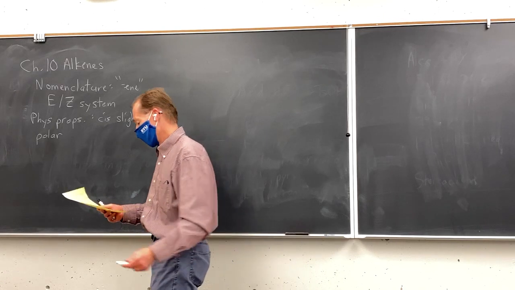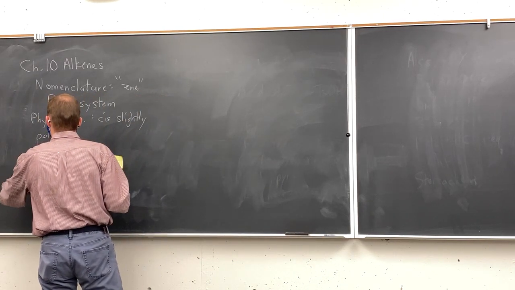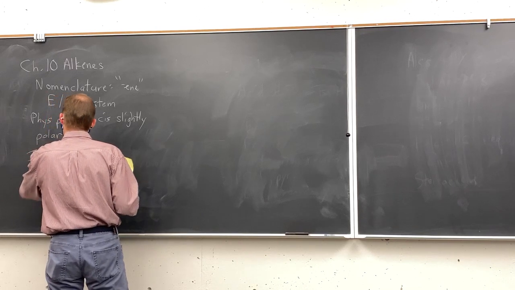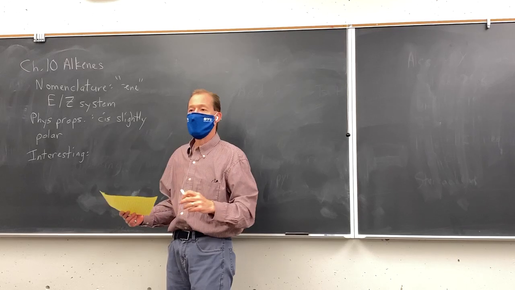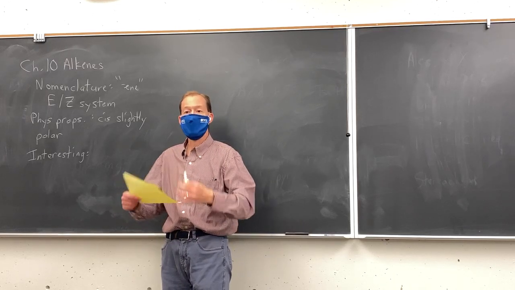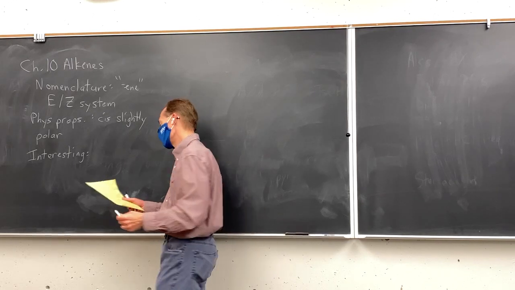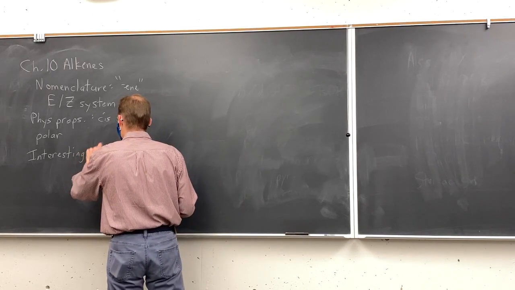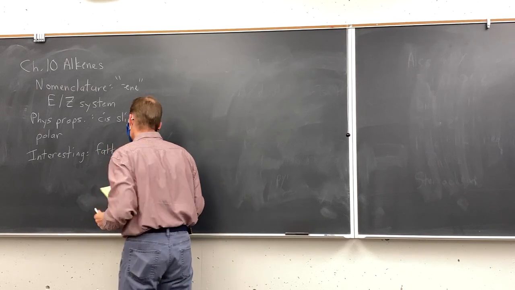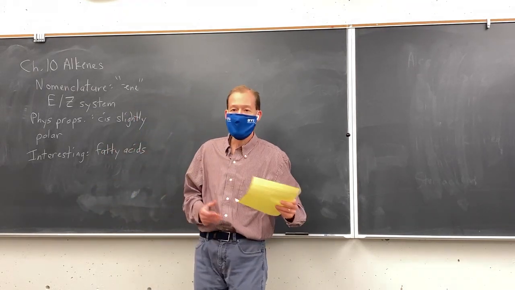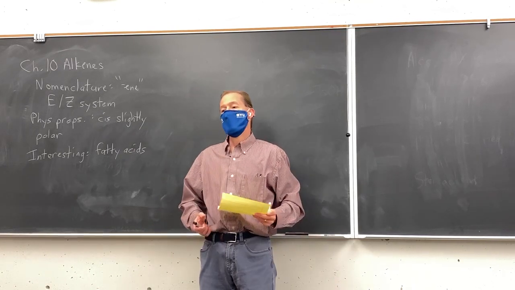As we did in our last chapter, we talked about interesting compounds, interesting alkenes, and the case where we tied the structure of the compound to either the function or the physical properties was with the fatty acids. So we talked about saturated and unsaturated fatty acids, both of which occur in nature.